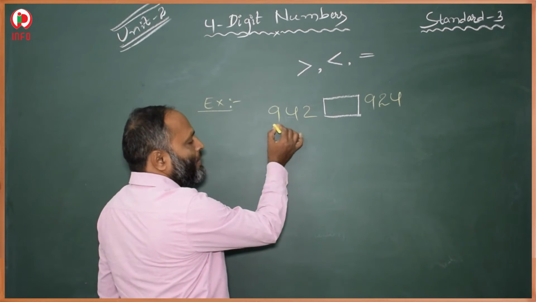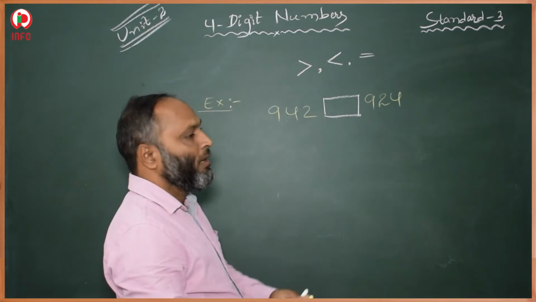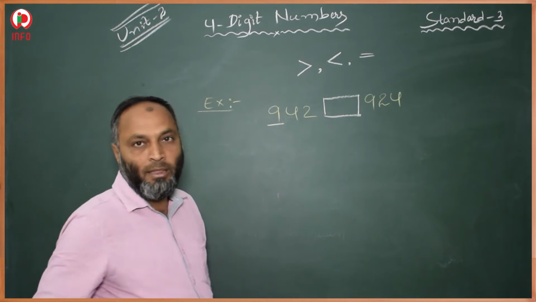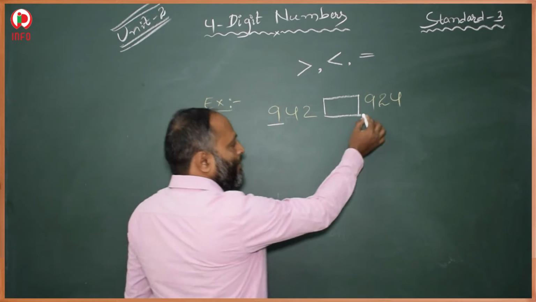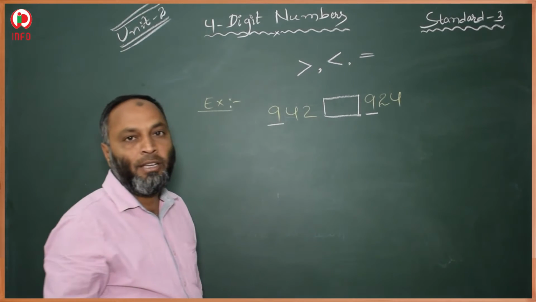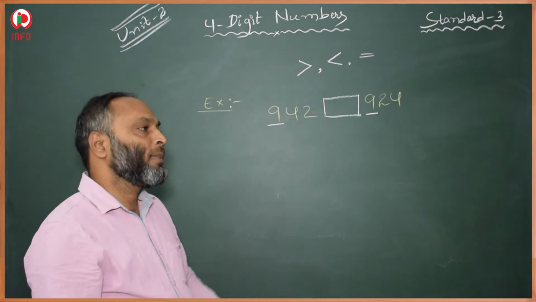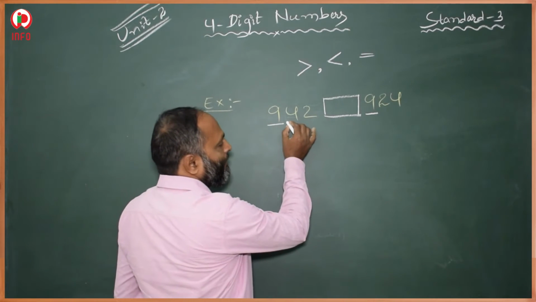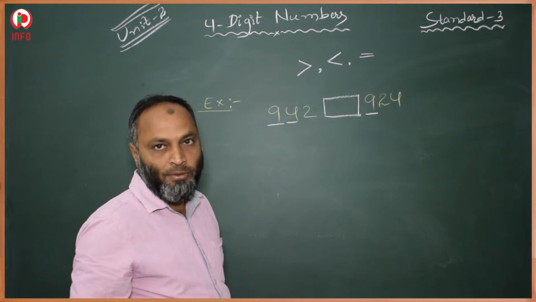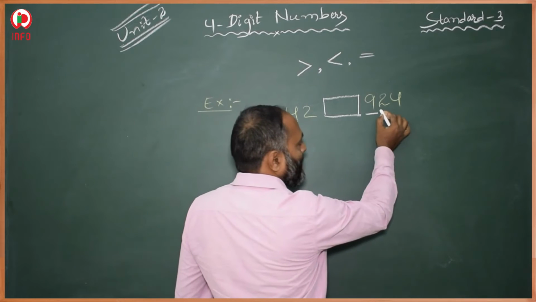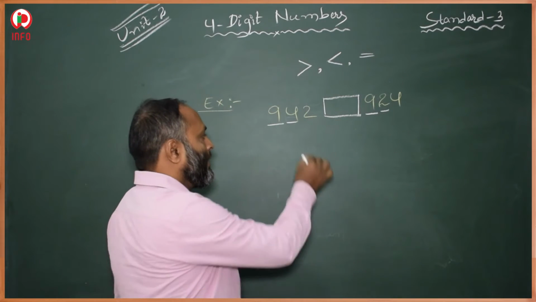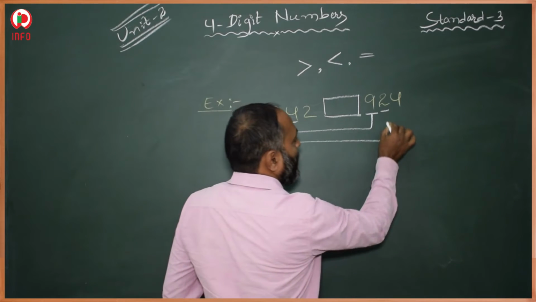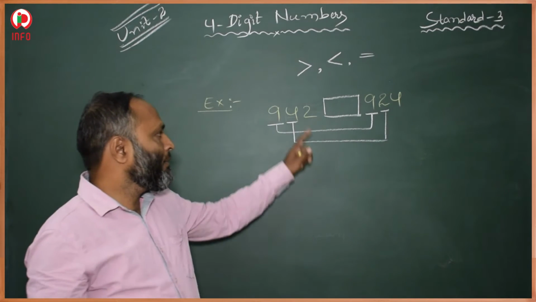Here, first we go from the hundreds digit. What is there? 9 in the hundreds digit, and here also 9 is in the hundreds digit. Both are the same. If both are the same, then we go to the second digit. Here the second digit is 4, and here the second digit is 2.